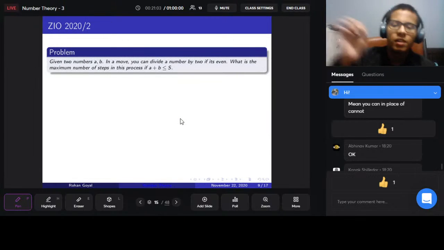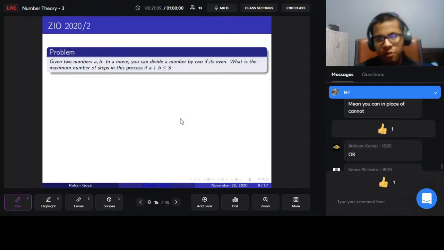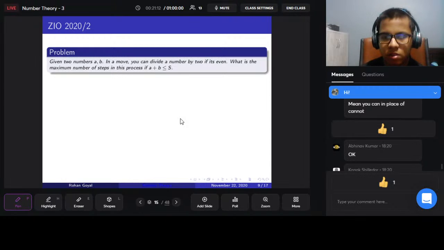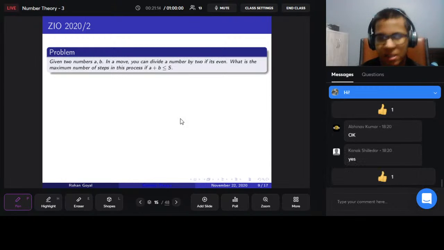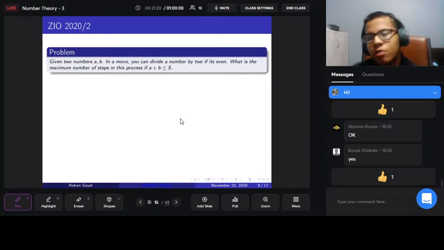Now we'll try this ZIO problem from last year. This year's ZIO is called ZIO 2021 because it's for the 2021 cycle, so this is from last year's ZIO. We want to find the maximum number of steps we can do this process.